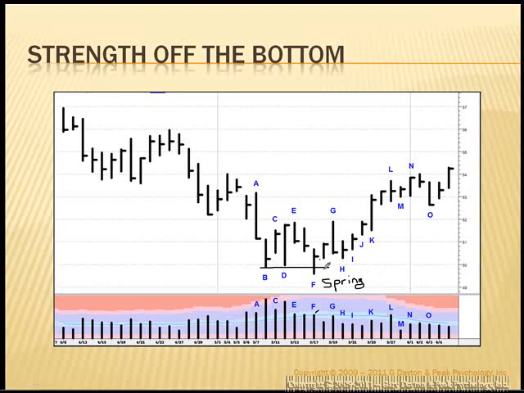But a spring means that we dip underneath an important support level, and B is important because that's where we first see buying coming in, right? And lower prices get rejected. There's no ability to follow through, and it closes firm here.